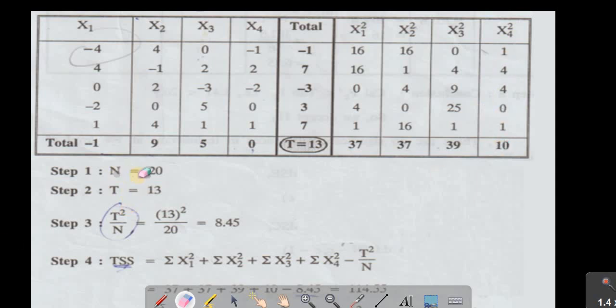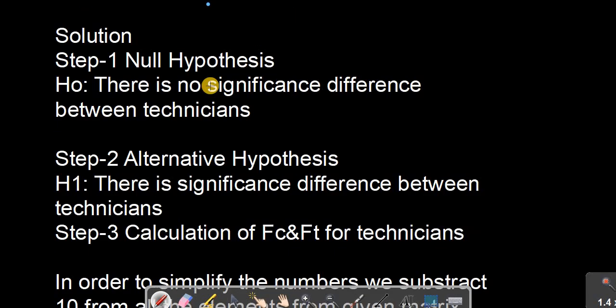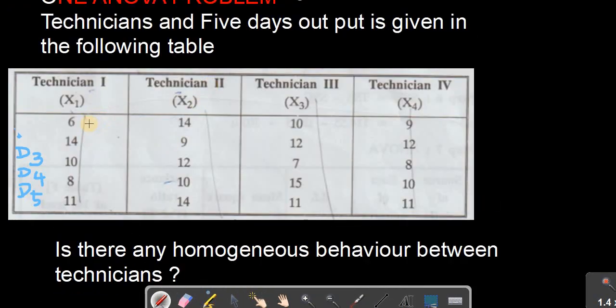Now what is this capital N? Capital N is nothing but the total observations in the given problem. The total observations here: 1, 2, 3, 4, 5, 6, 7, 8, 9, 10, 11, 12, 13, 14, 15, 16, 17, 18, 19, 20.